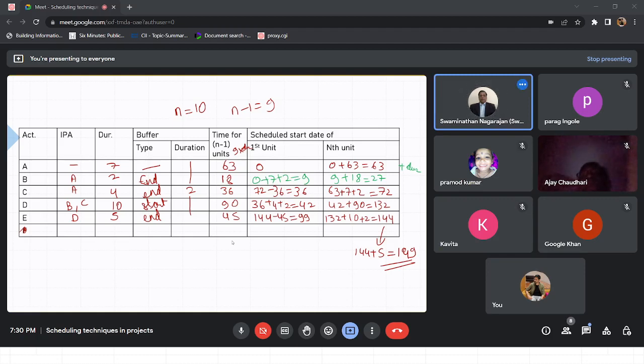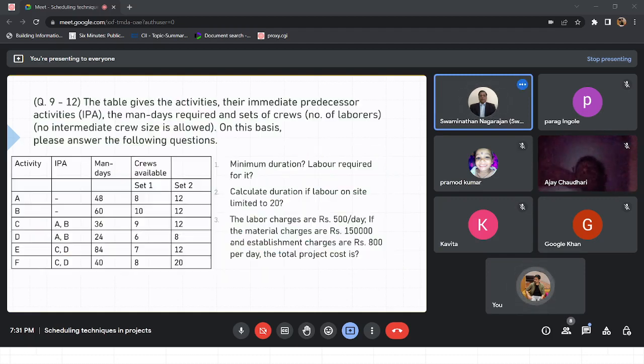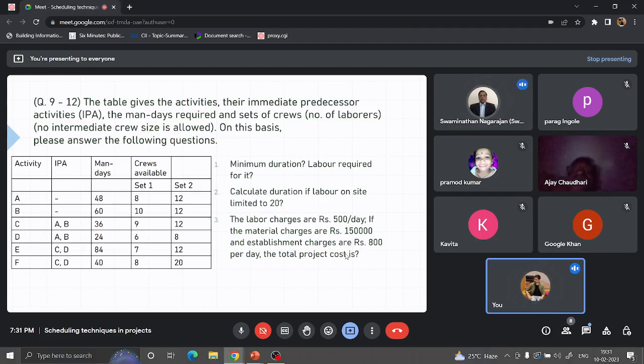So with this, coming to our next portion that was covered in lecture 6, resource driven scheduling. Now the key term here is resource driven. What do you mean by resource, and what is resource driven?